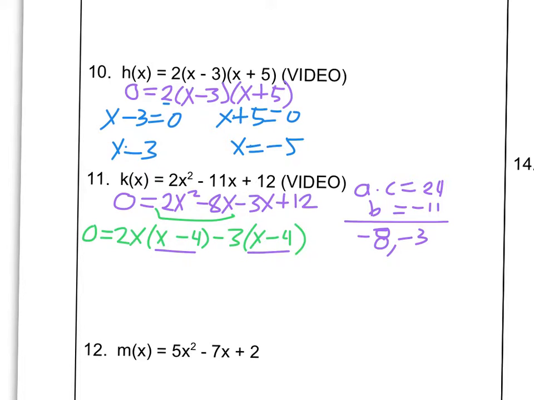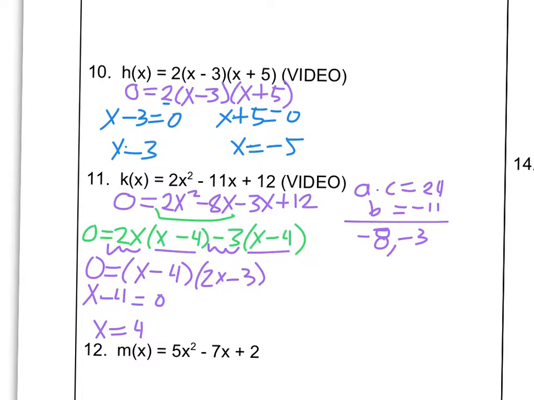My x minus 4s are in common, so we get x minus 4 with leftovers of 2x minus 3. That means that x minus 4 is equal to 0, so x is equal to 4, or 2x minus 3 is equal to 0, which gives us x is equal to 3 over 2.